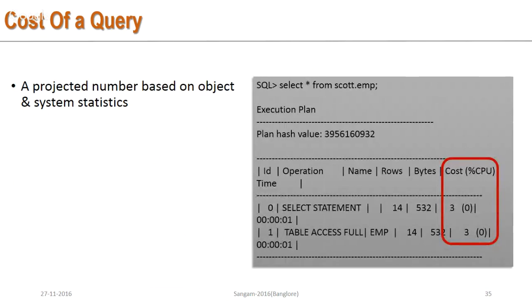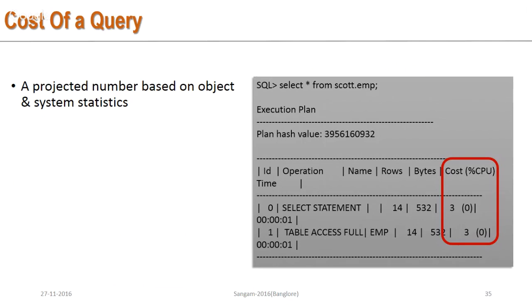So this is what I've tried to show over here, that the cost of a query is shown to you as percent CPU, because the cost of a query is calculated based upon the time spent, or you can say the CPU spent, to execute the query.